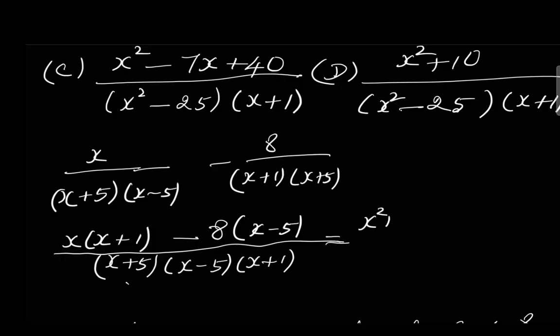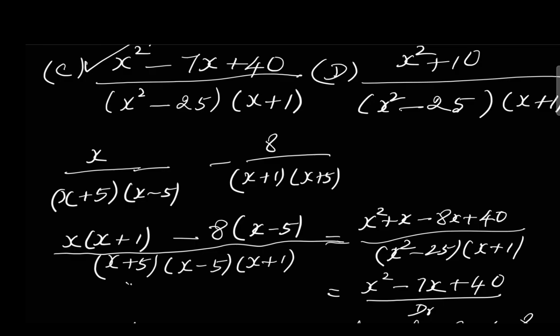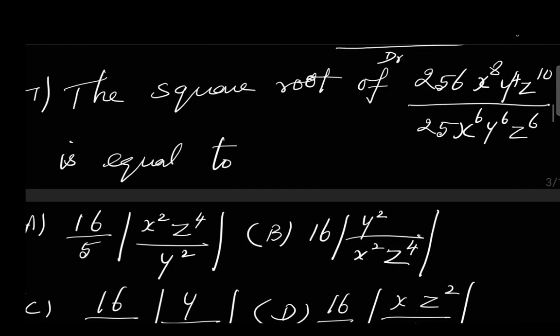So x squared plus x minus 8x, 8 5s are 40 plus 40 divided by, so x plus 5 into x minus 5, you are getting x square minus 25 into x plus 1, because in the denominators the terms are given. So this is equal to x squared minus 7x plus 40 by denominator. So this is your option C. This answer we are getting in option C.